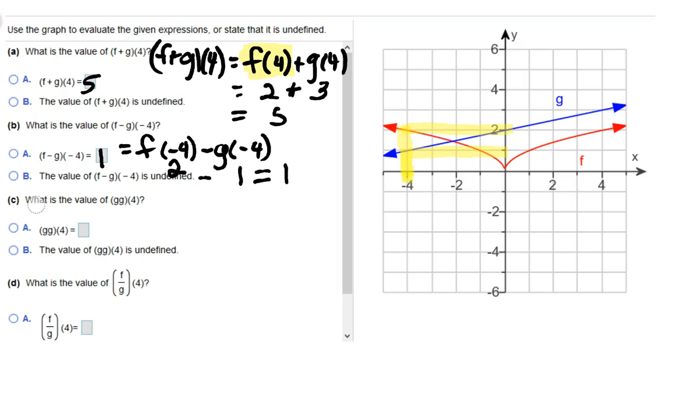Part C, what is the value of g times g of 4? So g written next to g is multiplication, g multiplied by g. So we're going to rewrite this as g of 4 times g of 4.